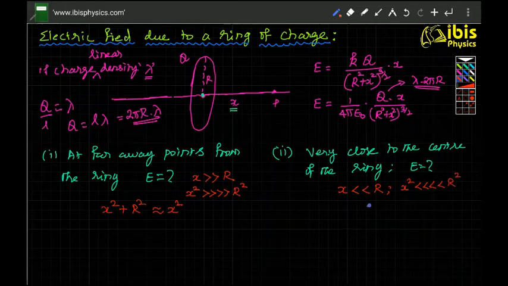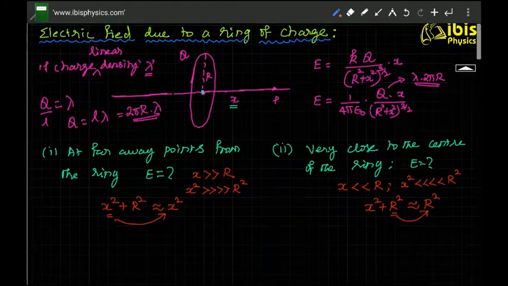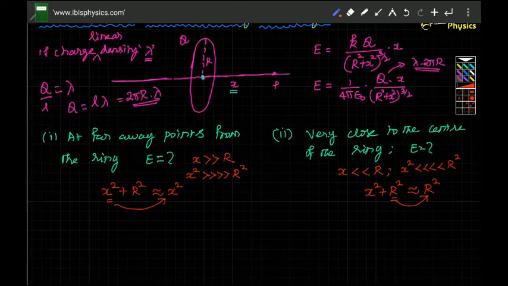In such cases, when you add x square with r square, you get almost r square, because r is larger. Here x is larger, hence you get x square; because r is larger, you get r square. Then what is the electric field at those points?